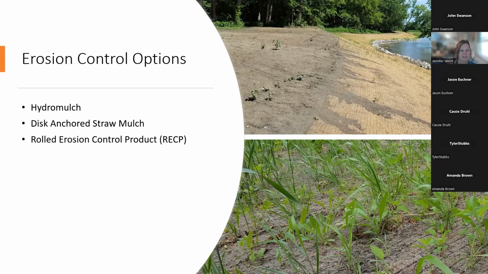The other one might be a disc anchored straw mulch, where you spread the straw mulch out, but you run a disc over it to hold it in, because otherwise it's just going to blow away and not do what you want with it. Or what we call an erosion control product that you roll out like a mat over the top to hold everything together.